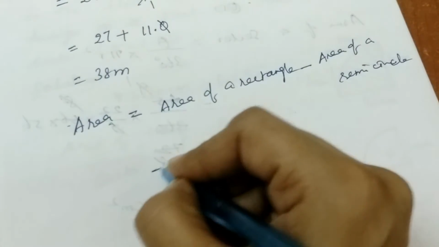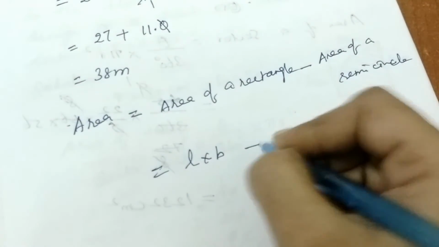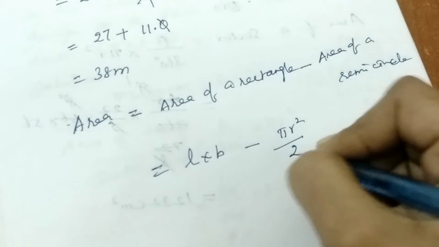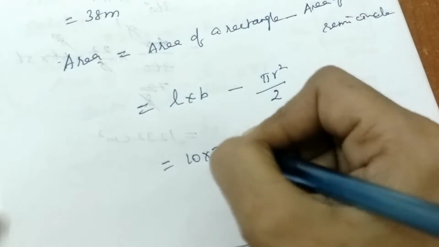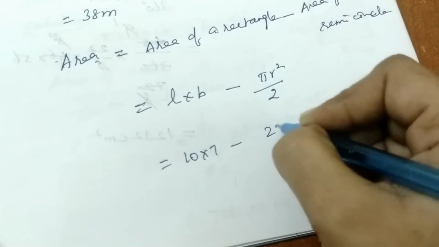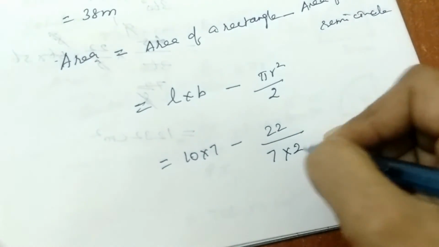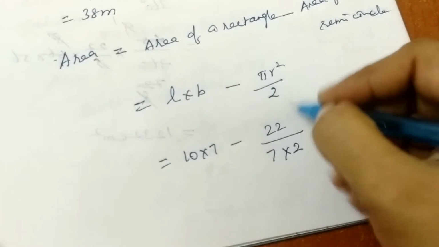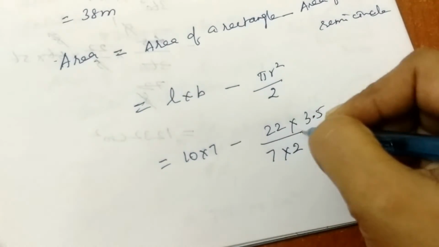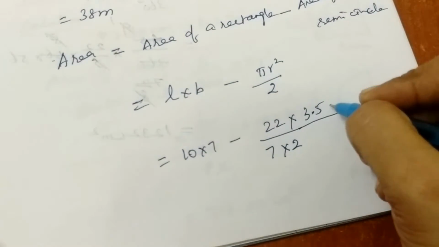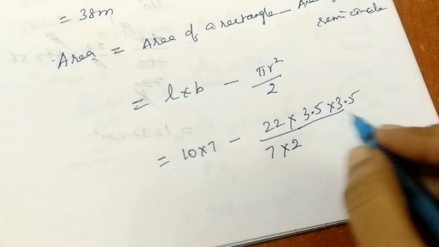What is the formula for area of rectangle? L into B. Minus what is the formula for area of semicircle? Pi r square by 2. Our length is 10 meter, breadth is 7 meter. So 10 into 7 minus pi value 22 by 7, with 2 in the denominator. We can combine this 7 with this 2, and r square is 3.5 into 3.5.